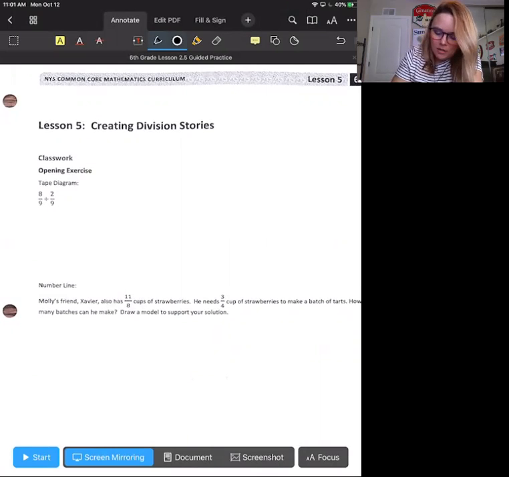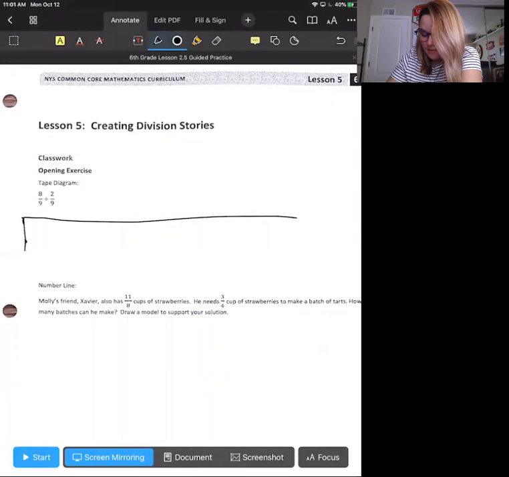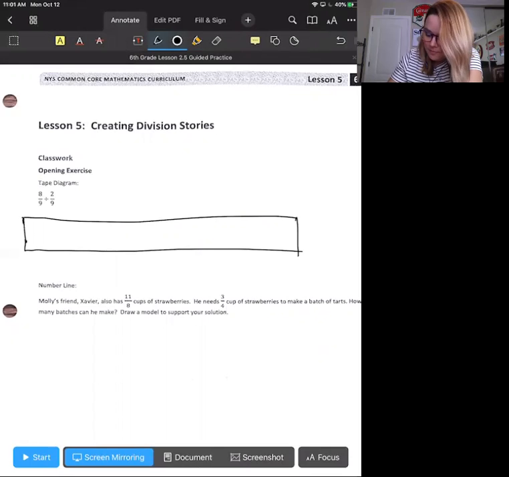We have a tape diagram, or it says that we need to use a tape diagram to divide 8/9 divided by 2/9. So we're going to use that tape diagram and divide it into ninths. And we're going to shade in 8/9. So we have 1, 2, 3, 4, 5, 6, 7, 8.